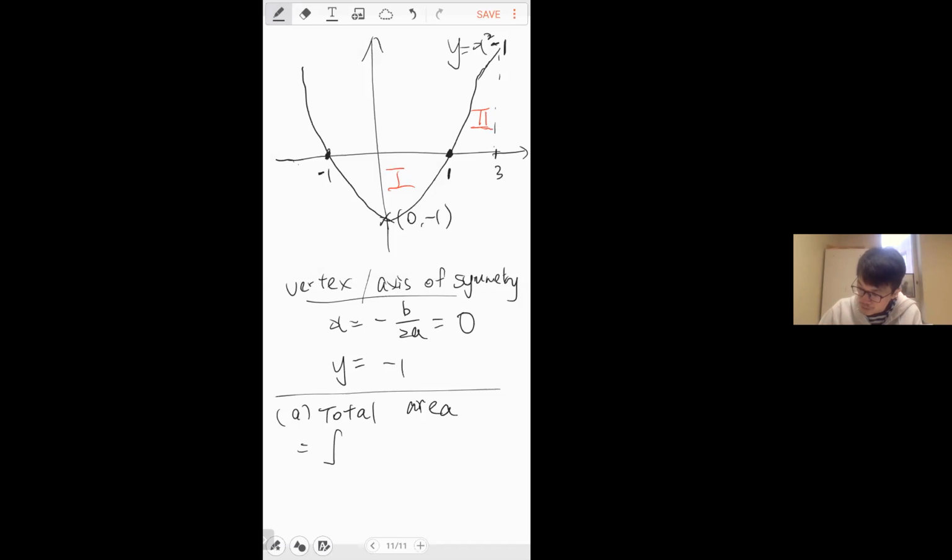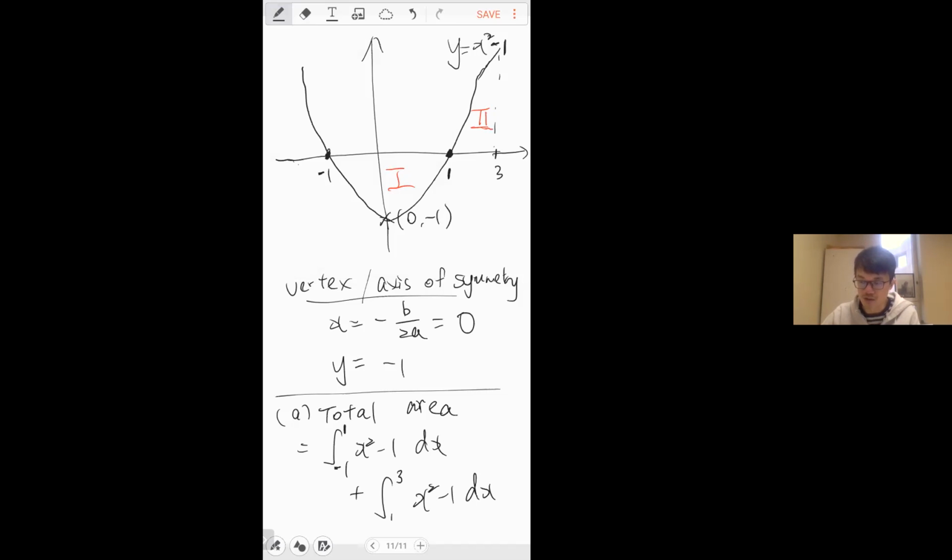Okay, so you compute two integrals, the first one from -1 to 1, and you also compute 1 to 3. But one of them would be negative, the other one would be positive.